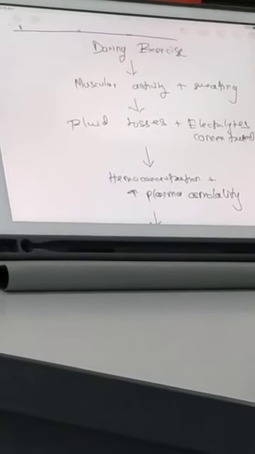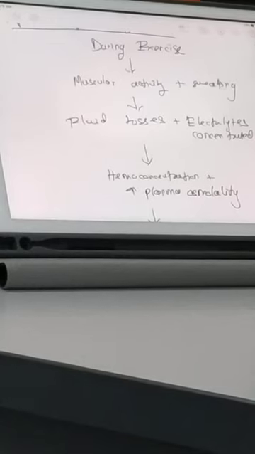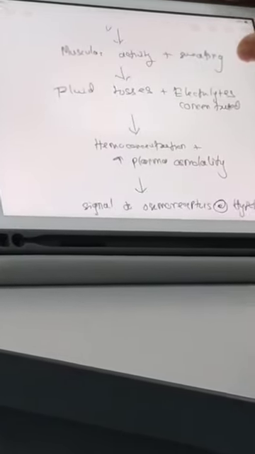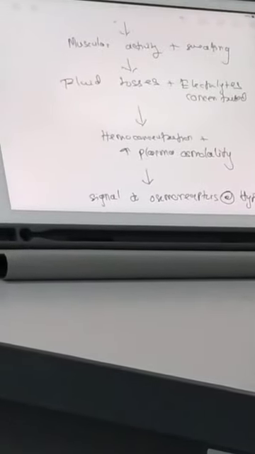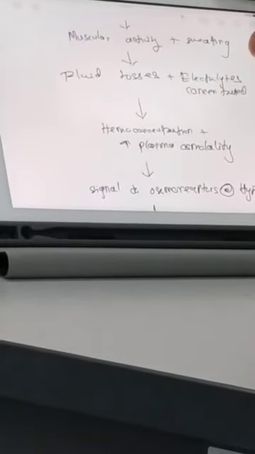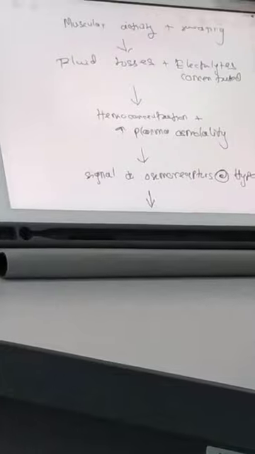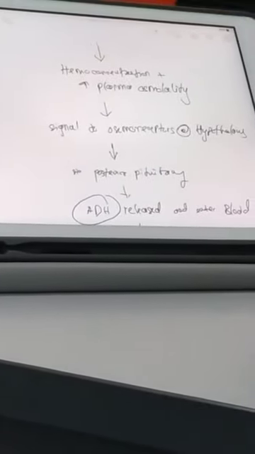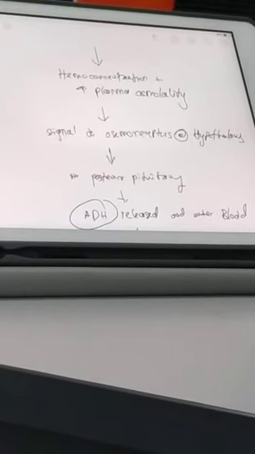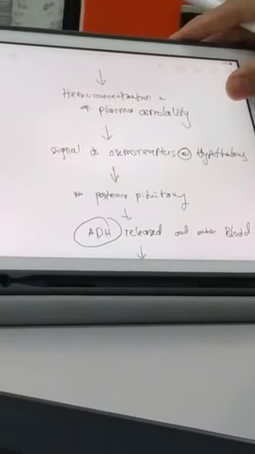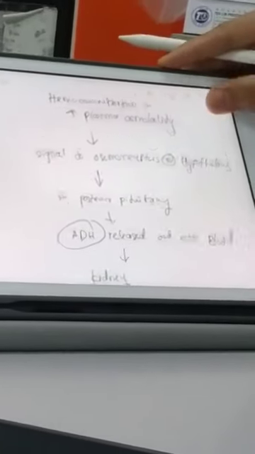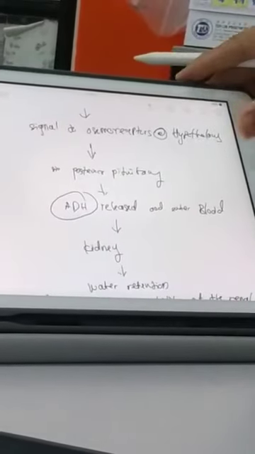That will cause fluid losses, and the electrolytes become concentrated in our blood. So it will cause a hemoconcentration state and also increase the plasma osmolality. The plasma sends a signal to the osmoreceptor at the hypothalamus, which triggers the posterior pituitary to release the antidiuretic hormone.